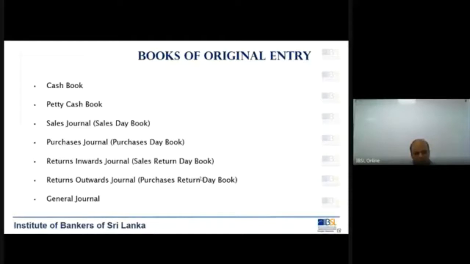Cash book, petty cash book, sales journal, purchases journal, return inwards journal, return outwards journal, and general journal. So these terminologies have to be very clear with you. That is, what is a sales journal, what is a purchases journal, what is a return inwards journal, and what is a return outwards journal. Okay, specifically the terms return inwards and return outwards. What does it mean?